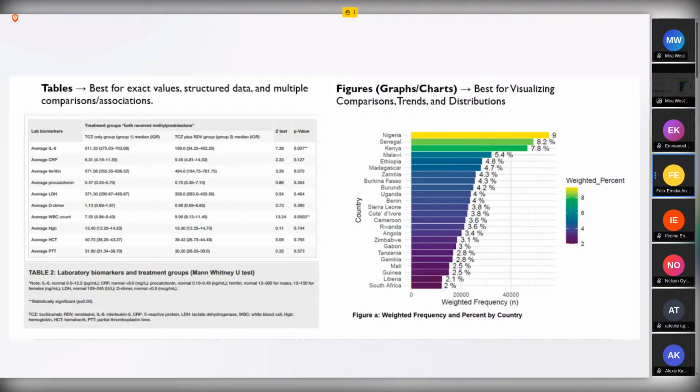You are now making inferences. All right? You're now making inferences that the average IL6 increased because those that took TCZ only had more of this IL-6 compared to TCZ plus RODV group.